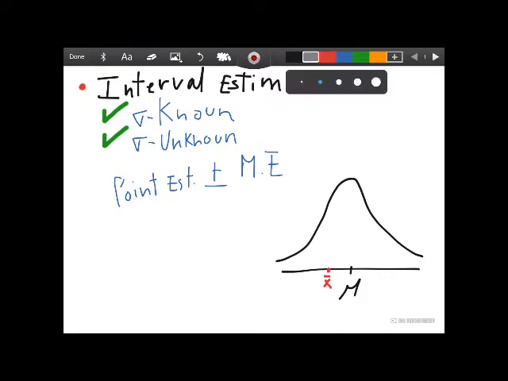That's where we're going to use probability, and try to figure out the margin of error. This is the margin of error. We would like x bar to be very close to mu, within a margin of error. Another way to write this is to write down the probability.